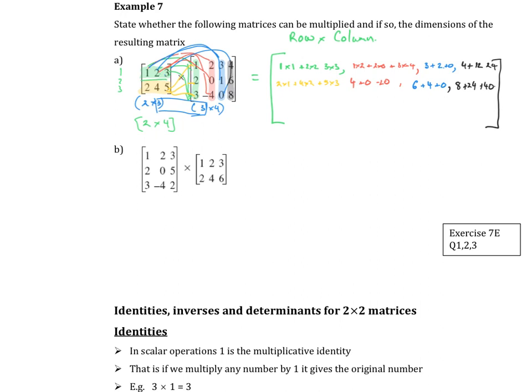So let's close our matrix over a little bit. Now that becomes 1 times 1 plus 2 times 2, evaluate this line, plus 3 times 3, which is 9, 13, 14.